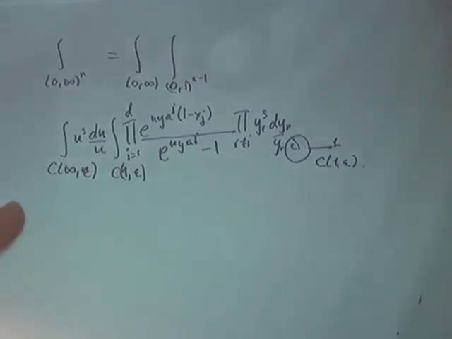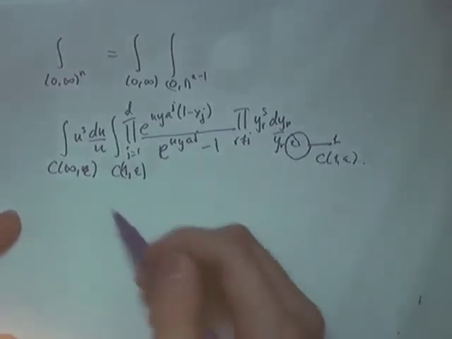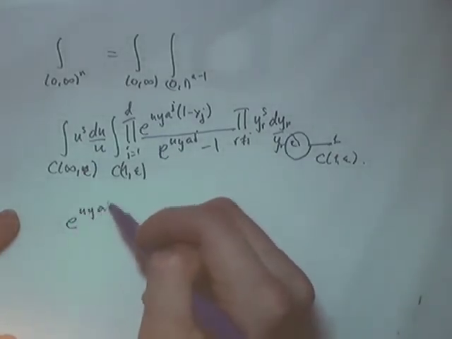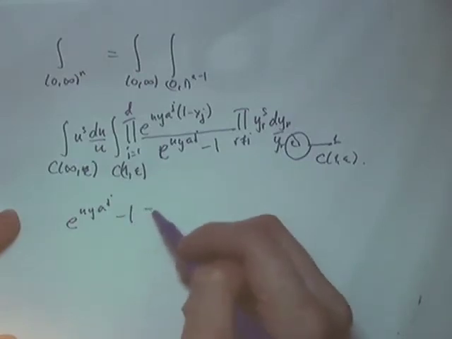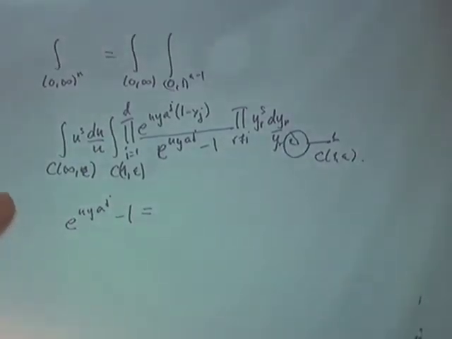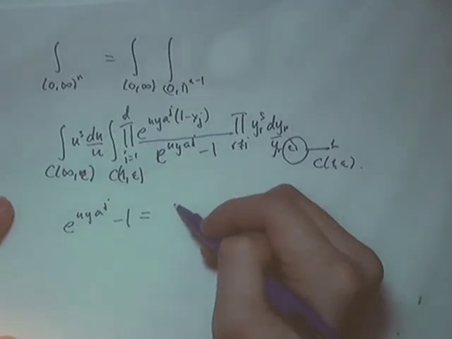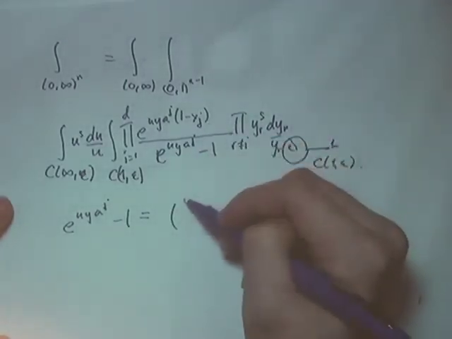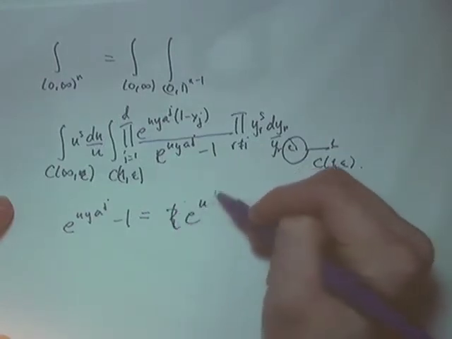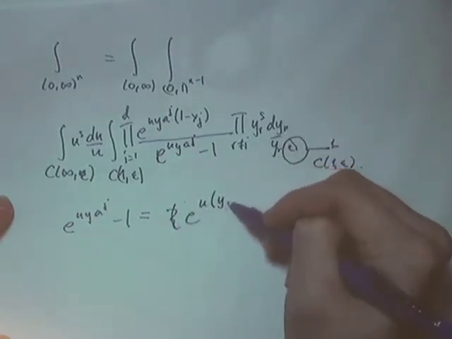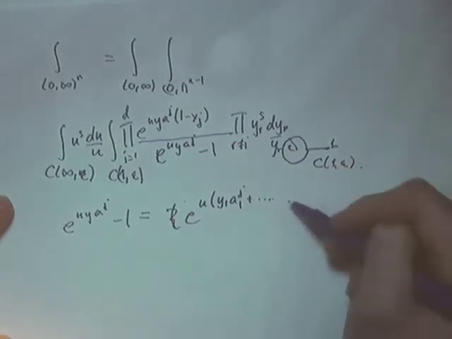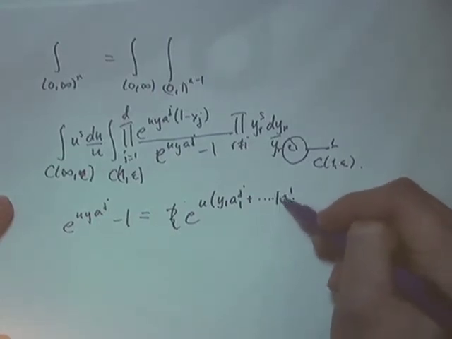And this is encouraging, because if I write out the denominator here in longhand, I'll get e to the u times y_1^{a_{j1}} plus dot dot dot, and then in the ith, I have a coefficient of 1.